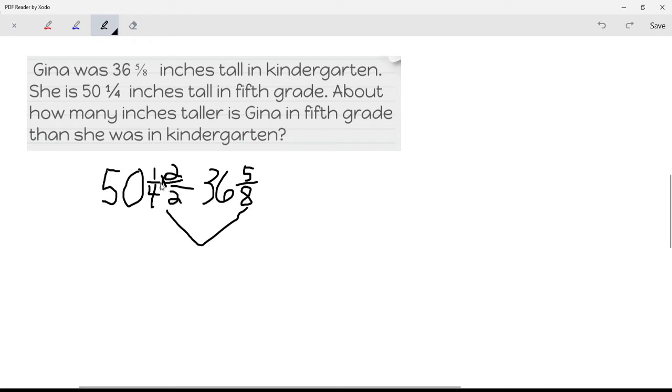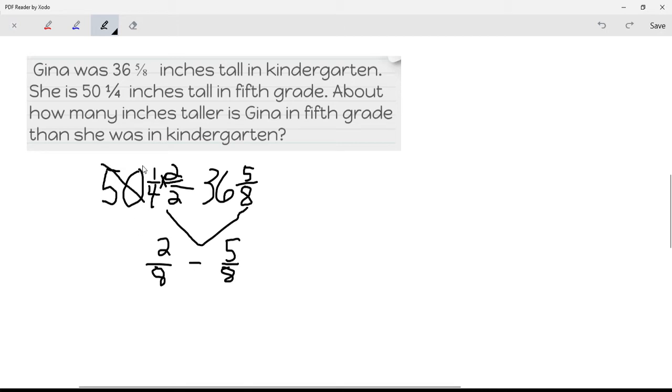The answer is 2, so I multiply 1/4 by 2 over 2, and then it equals 2/8. And then I have 36 and 5/8, so I'm going to subtract 5/8. But, oh wait, I can't do 2/8 minus 5/8.